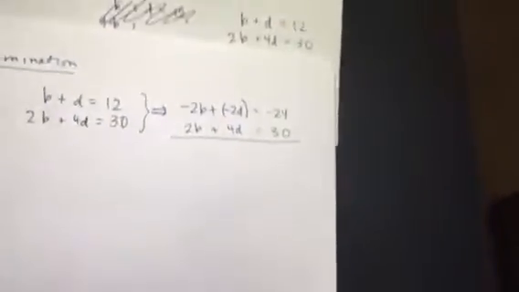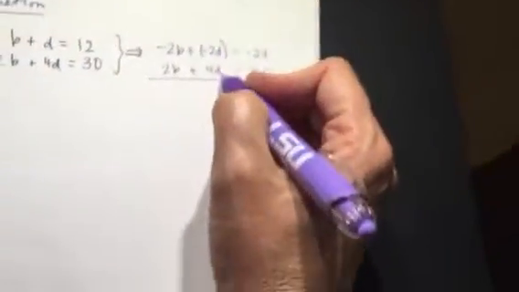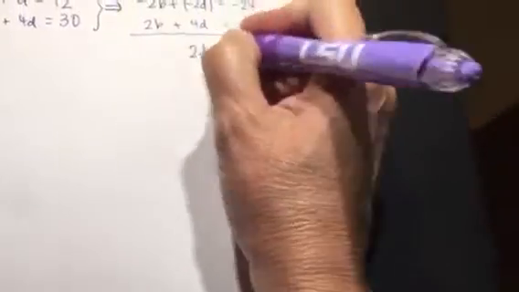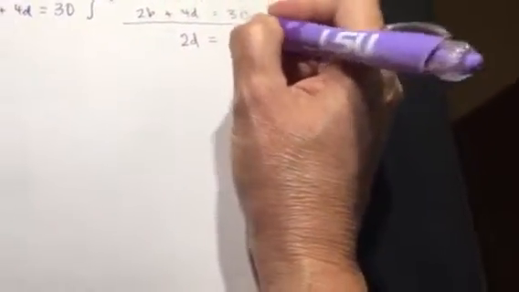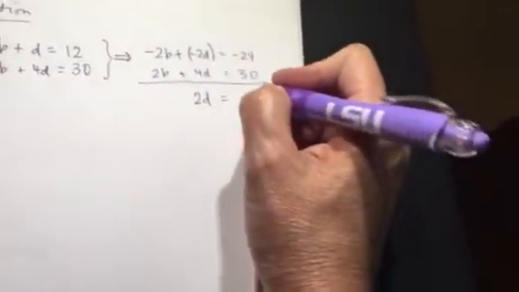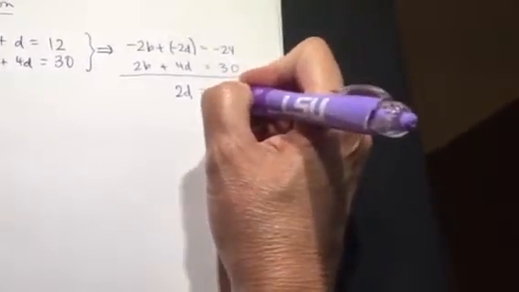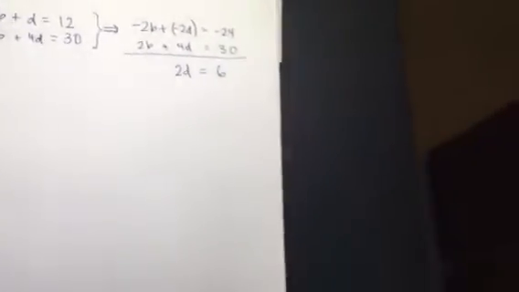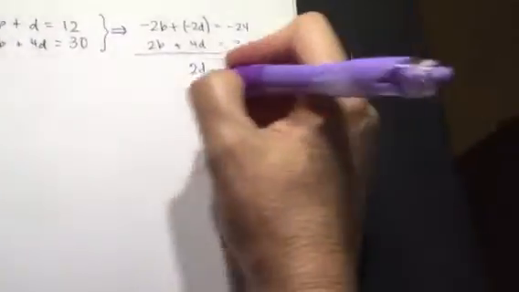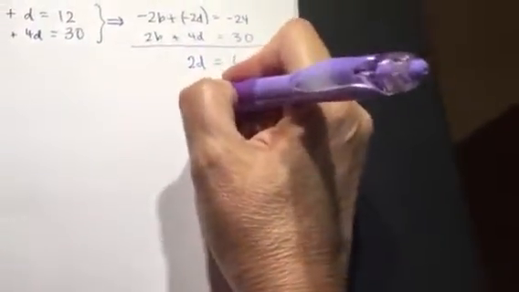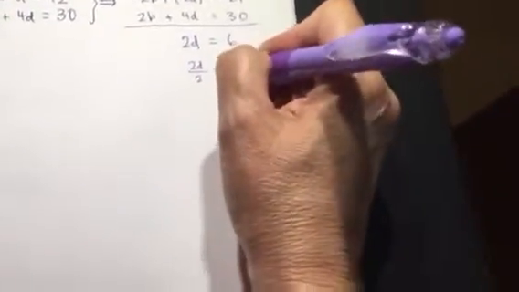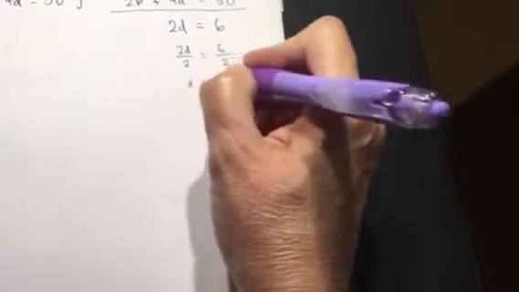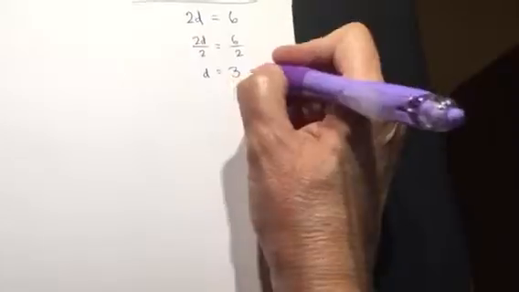So -2b plus 2b, that's 0. -2d plus 4d is +2d. What's -24 plus 30? 6. So then what do I do? Divide by 2. 2d divided by 2 is 6 divided by 2. d equals 3. So there are 3 dogs.